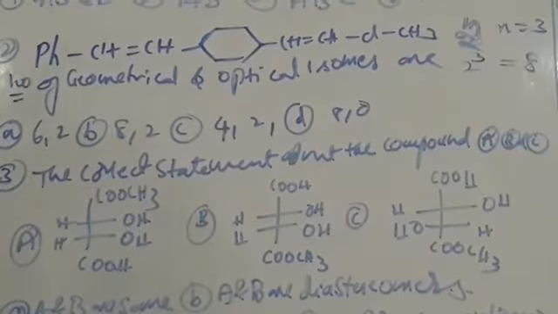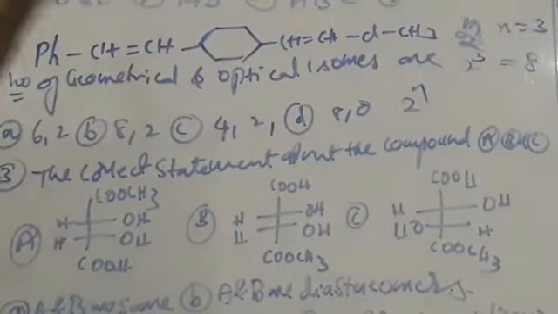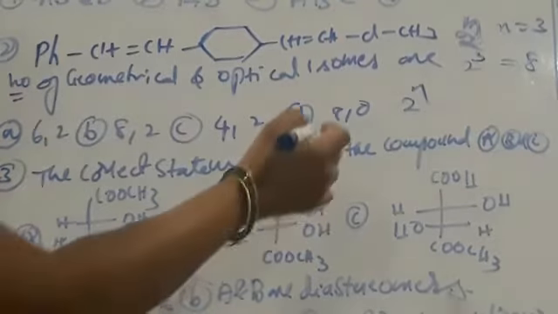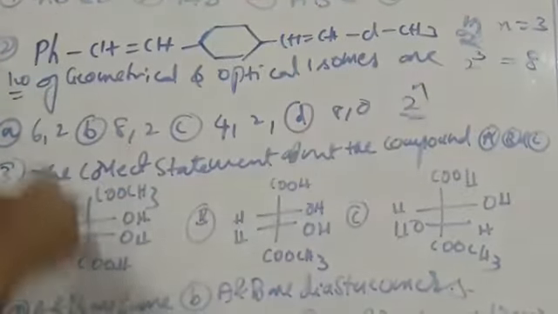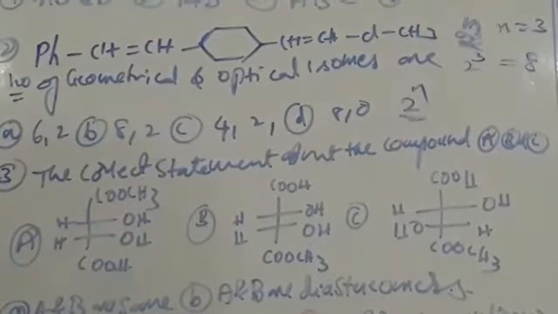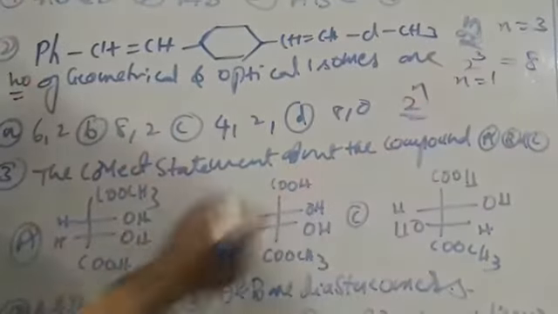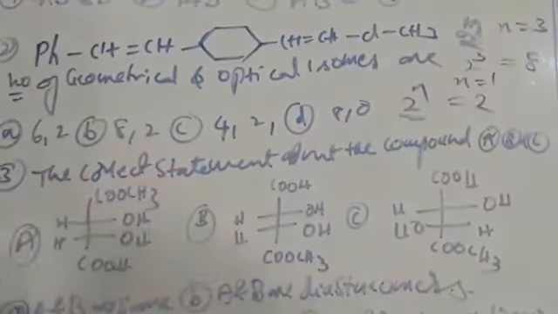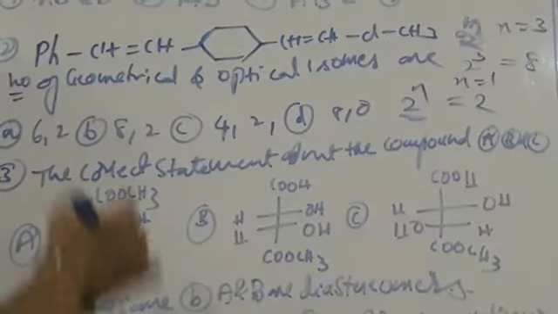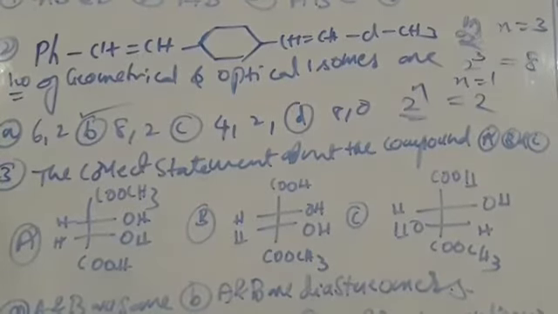This is an asymmetric, unsymmetrical compound. No symmetry is present here. That's why to calculate the optical isomers also, we use the formula 2 to the power n. Here n equals 1, so the number of optical isomers is 2. So 8 and 2.